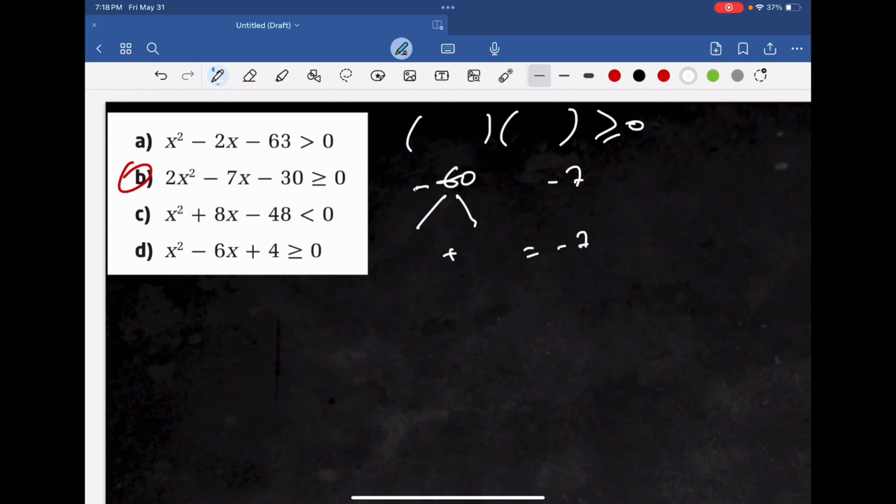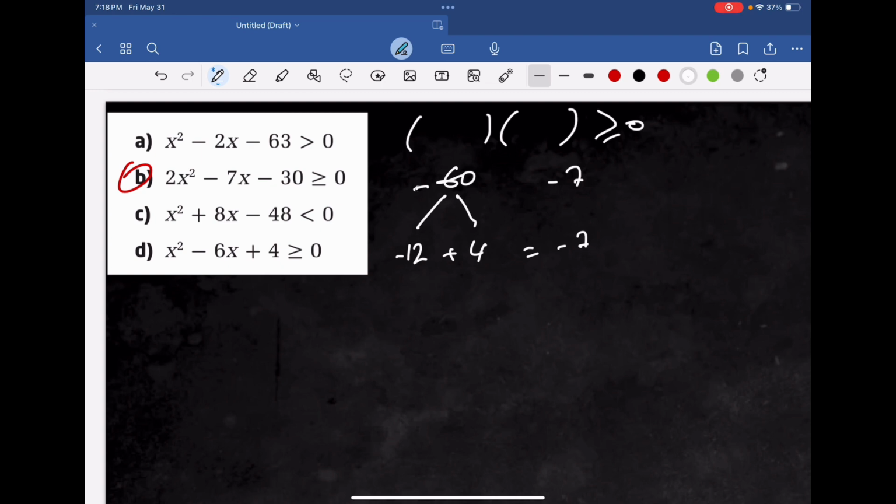These two numbers, I think 10 and 6: minus 10 times 6 is minus 60, however minus 10 plus 6 is minus 4. So how about minus 12 and 5? Yes, this is good.